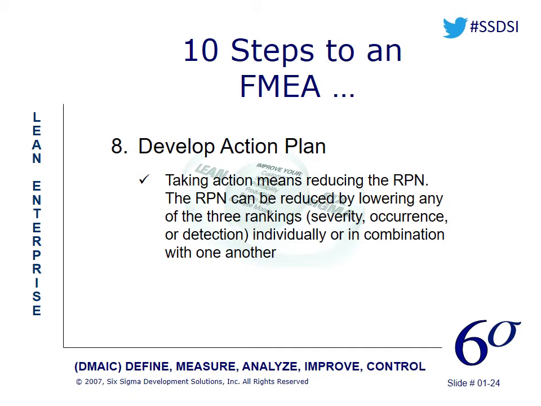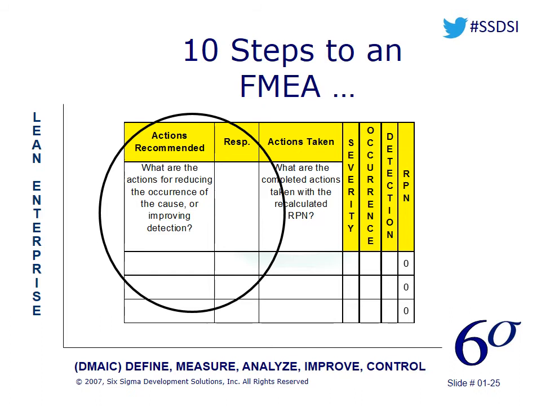And so now we're going to develop an action plan. So we're going to take action by reducing those RPNs. And that comes in the last third of this FMEA, which are the actions that we recommend. Now, usually I don't fill in these columns necessarily because these are very short, very minute cells.